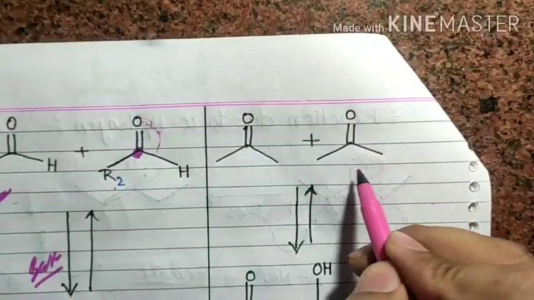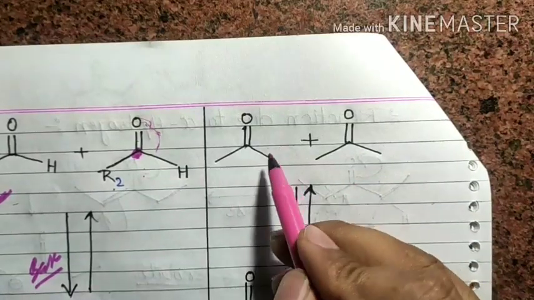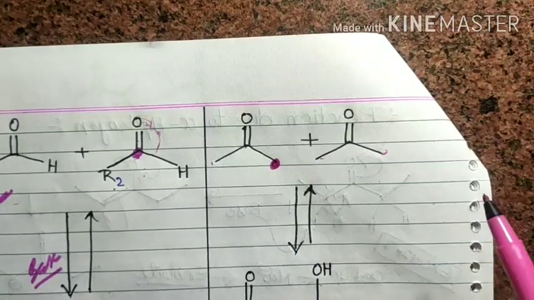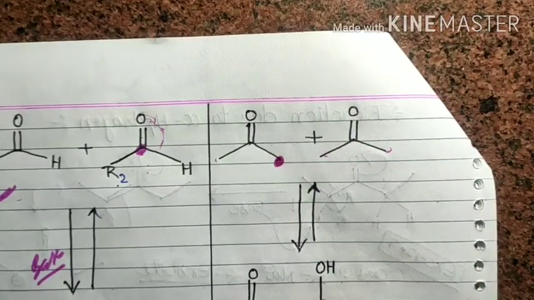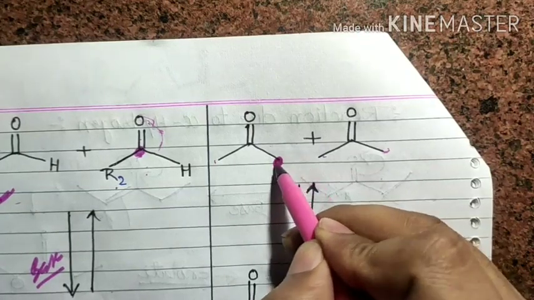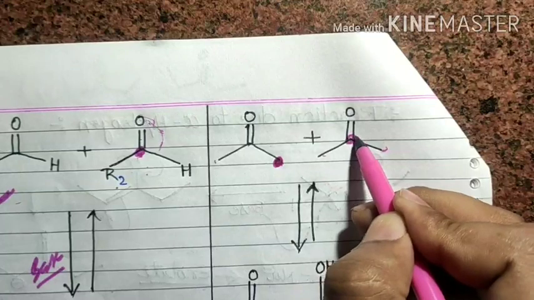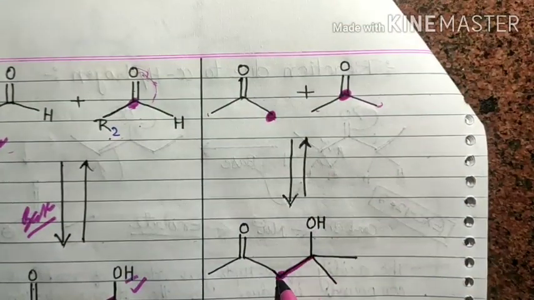Here I write a ketone. So this is a ketone. Any one side can form the enolate. Suppose this side forms the enolate, because both sides are similar, so any one side forms the enolate, not both sides. Clear? So if this molecule forms the enolate, it makes a bond with this system. This one is the new bond.